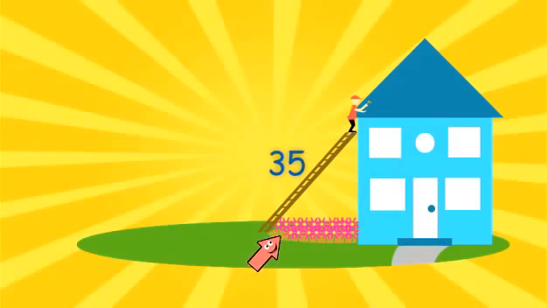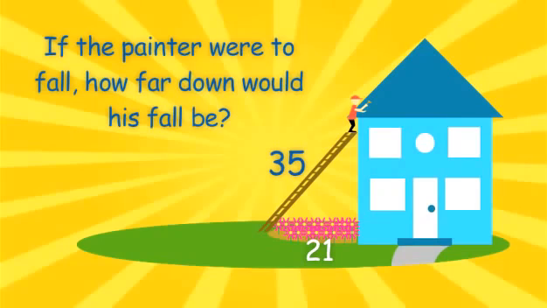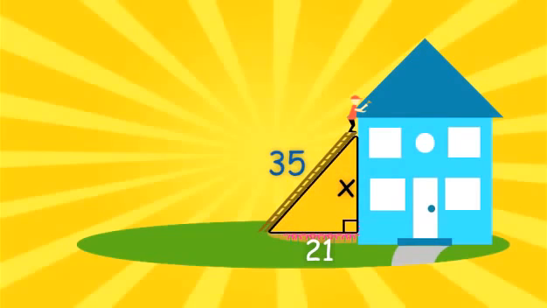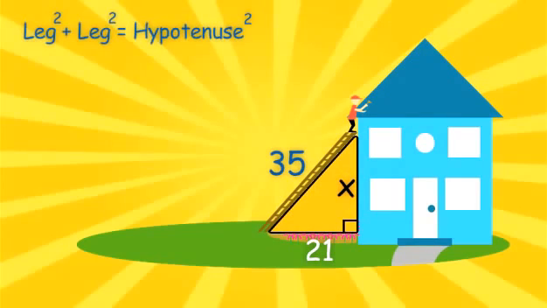The base of the ladder is 21 feet from the base of the house. The problem is asking, if the painter were to fall, how far down would his fall be? So we are looking for this side. Let's label this side X. Notice this creates a right triangle, so we can solve this problem by using the Pythagorean equation.